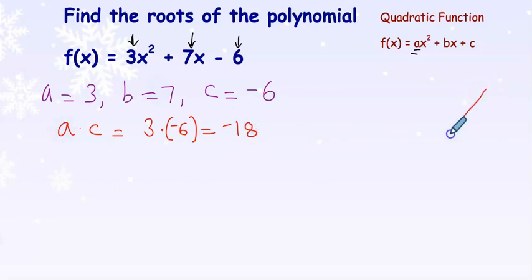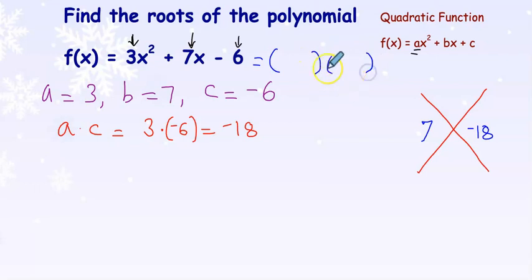So now I'll have my x here, and the product I am looking for is negative 18, and the sum is 7. In order to find the roots of this polynomial, I have to get its factors, and to get those factors I need this process.